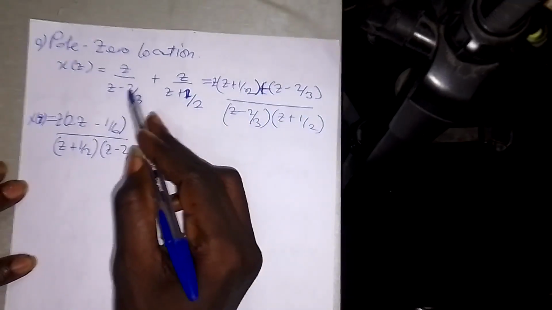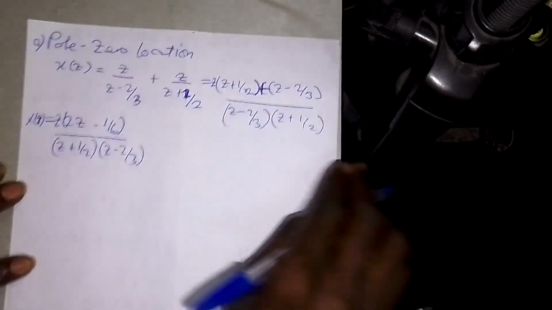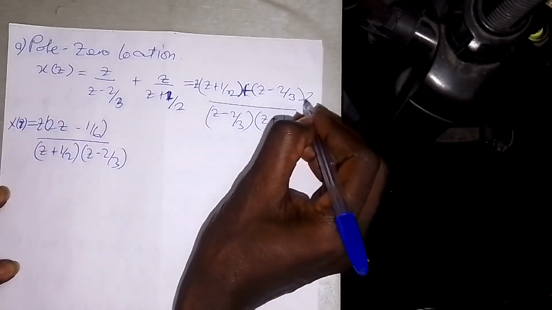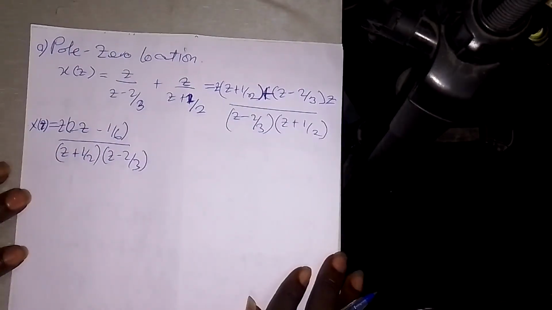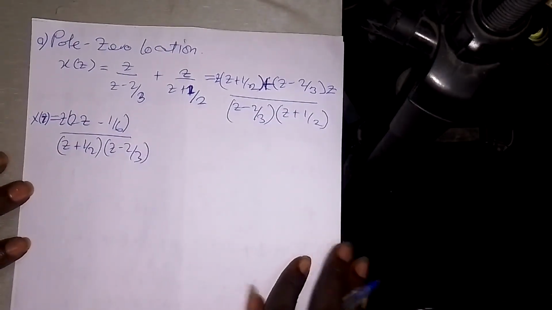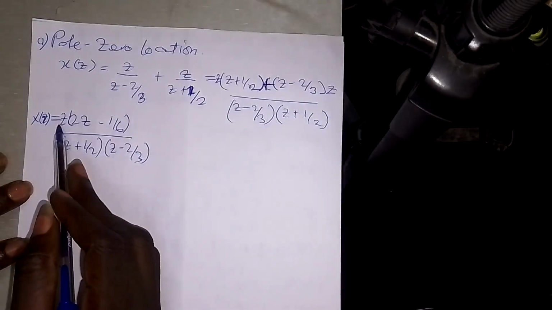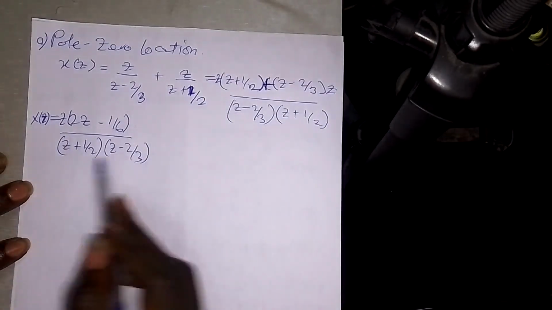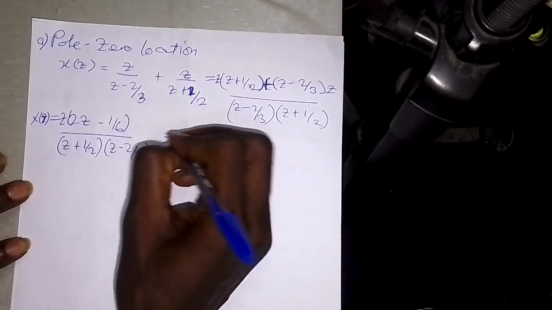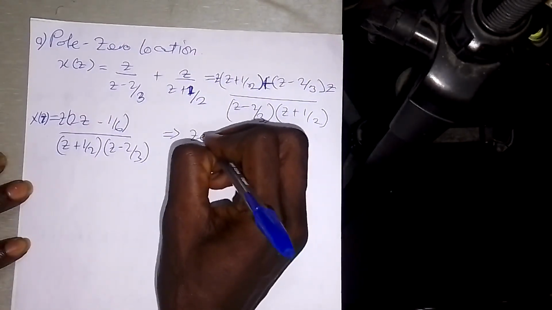And here, if I bring this guy up, there will be a z here. So now these two z's are common. That is what I bring over here, and then you have this guy over here.